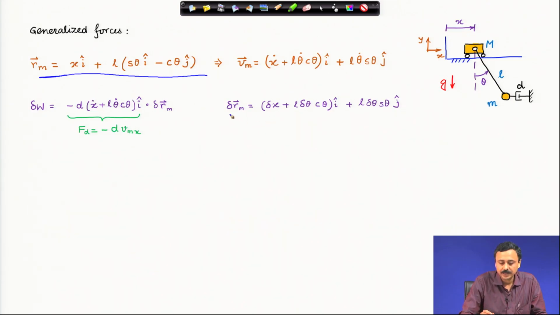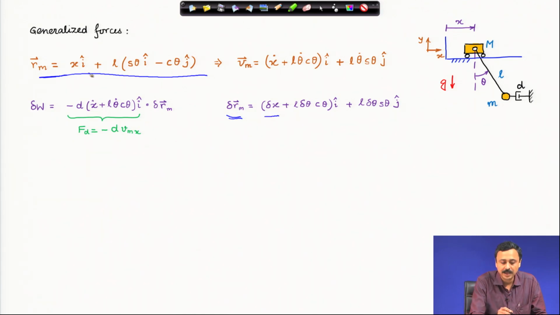Here, when I take the variation operator acting on the position vector of the bob, as you know, the variation operator is just like a total derivative operator, except that it does not vary time.